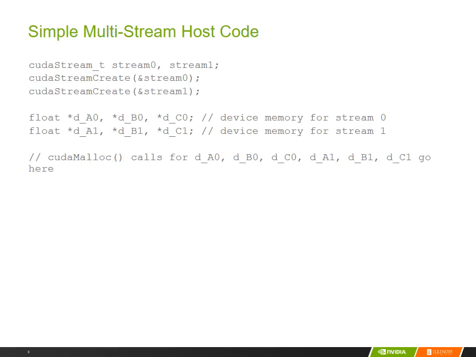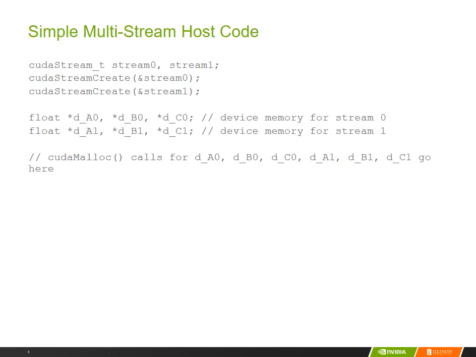These are the data types that can be used to declare handle variables for these streams, and these handle variables allow the program to access the queues that implement these streams. So at the beginning of the code, we created two stream handle variables, stream0 and stream1.